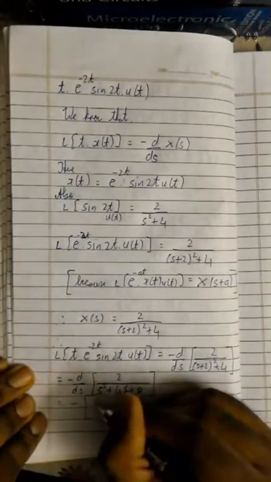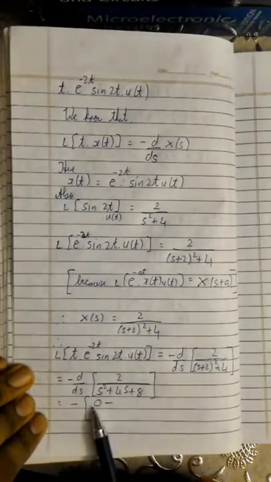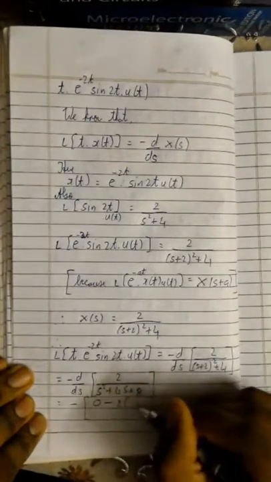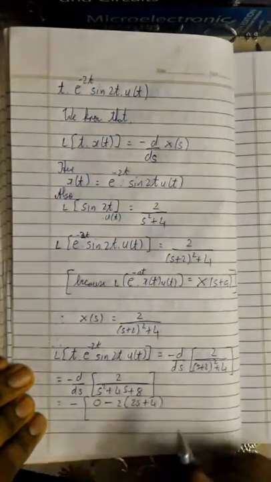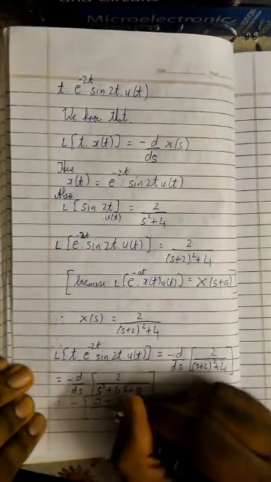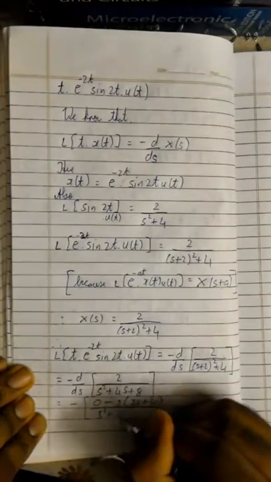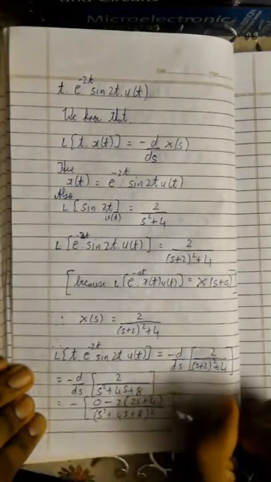Then minus u into dv: u is 2 and dv is 2s plus 4, by s square plus 4s plus 8 the whole square.